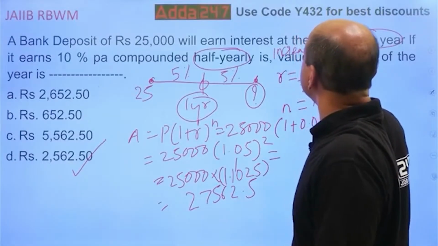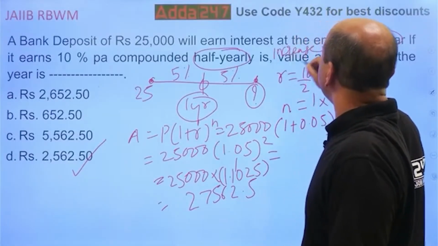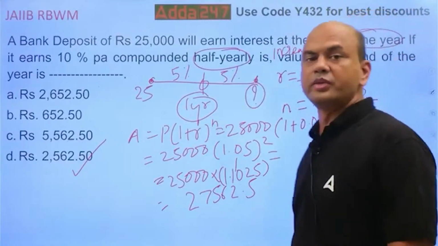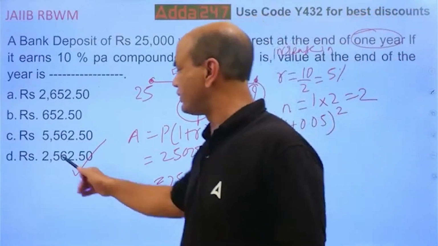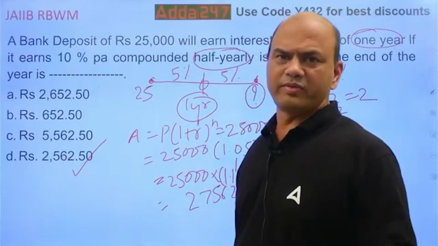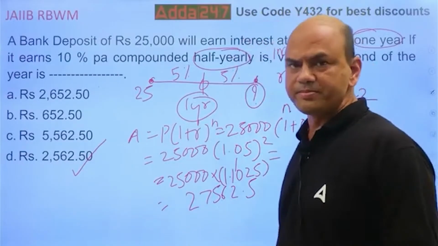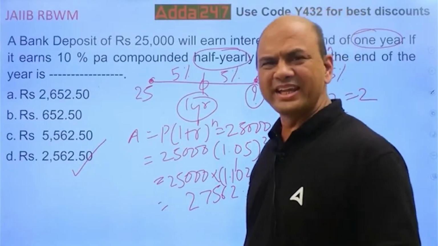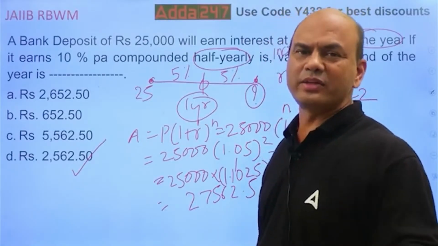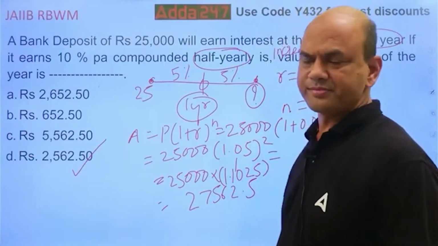Increase in value at the end of the 1 year is 2,562.50. I had 25,000, now I have 27,562.5. Anything can be asked in the exam: increase in value or value. Got it?